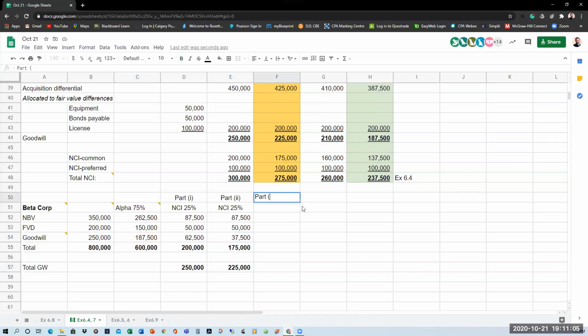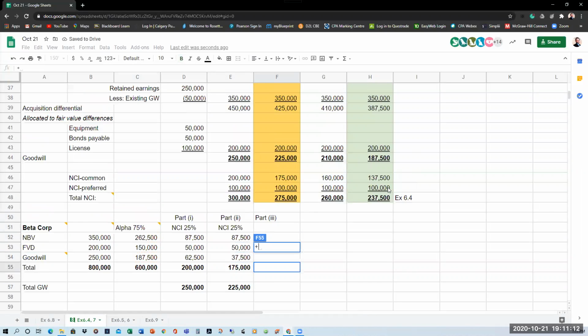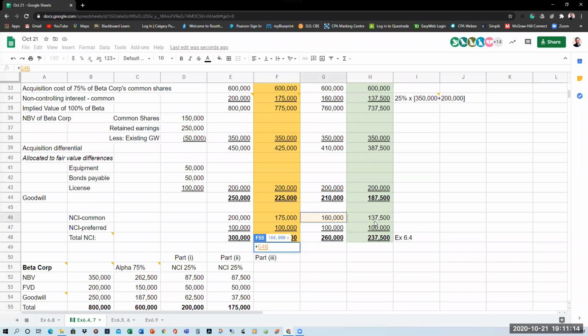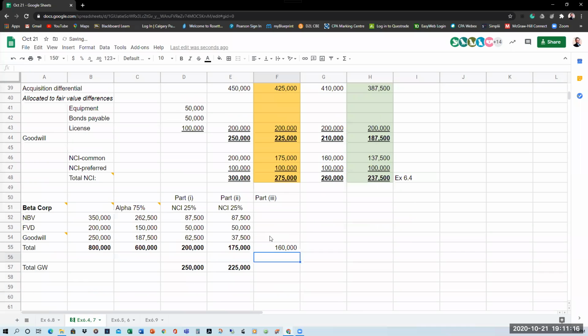So you want to do part three? Same thing. Total value for NCI common is 160,000. If total value is 160,000, what does that include? It includes non-controlling interest's share of net book value, which is 87,500.